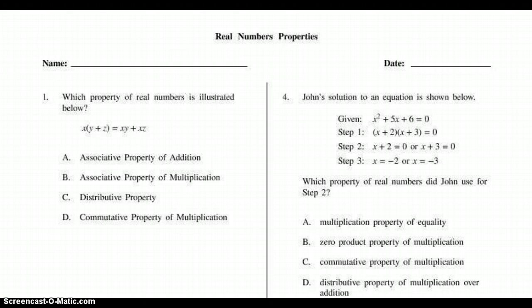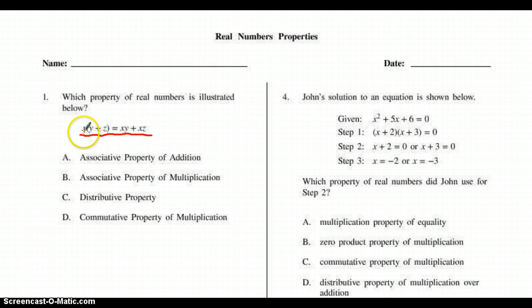Question number 1 says, which property of real numbers is illustrated below? If you look at the problem, it is telling us that x times the sum of y plus z is equal to xy plus xz. Now, which property would you assume that this would work with?